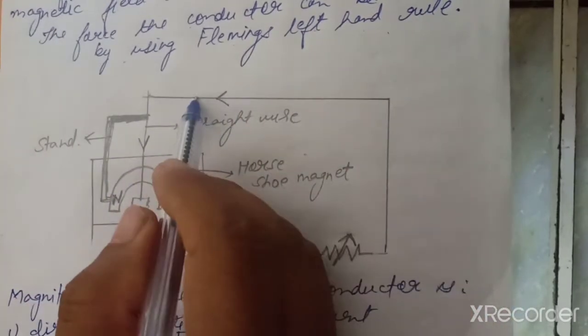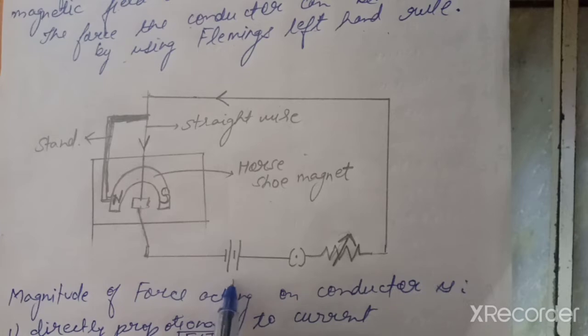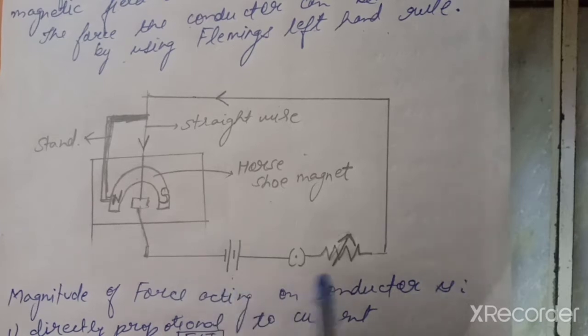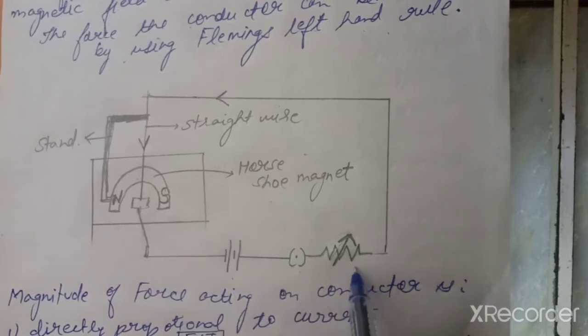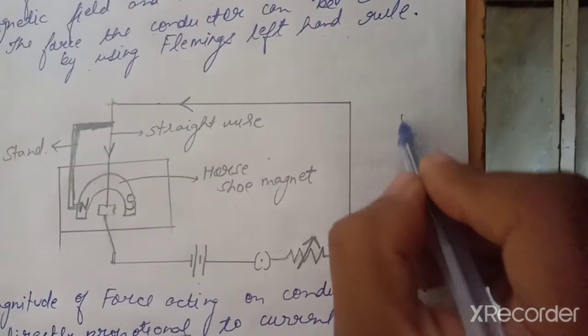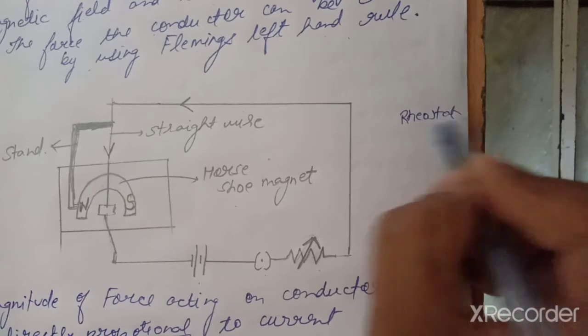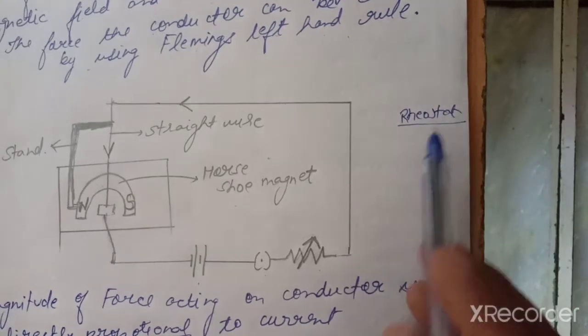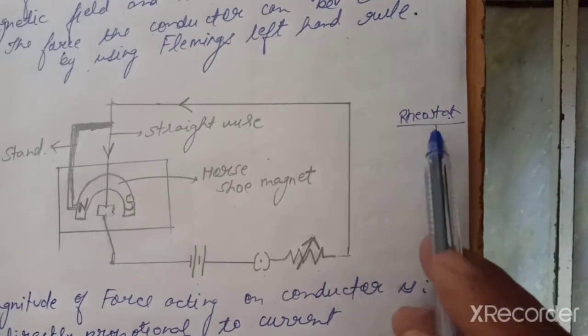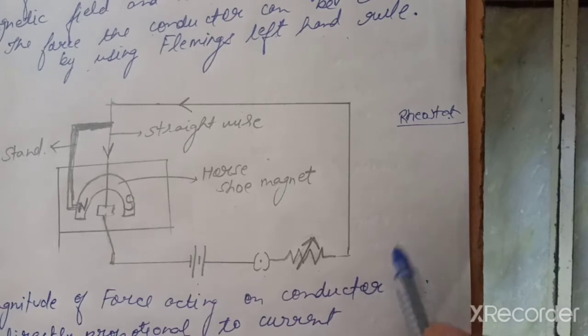This is the current carrying wire, and we have connected the battery, the key, which is closed, and the rheostat. A rheostat is an electrical element which is used to vary the resistance. If we want to change the resistance, we can connect a rheostat.